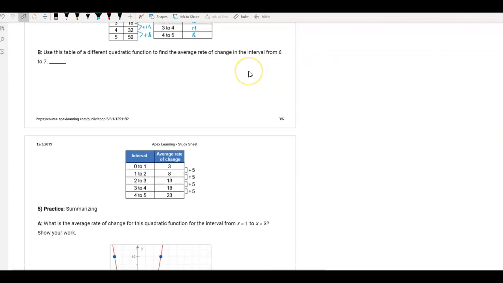From 6 to 7, right? Here you went up 5, you went up 5, you went up 5, you went up 5, right? So the average rate of change for the next one would be 5, from 6 to 7.